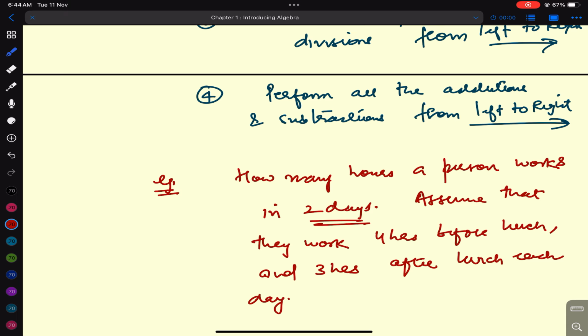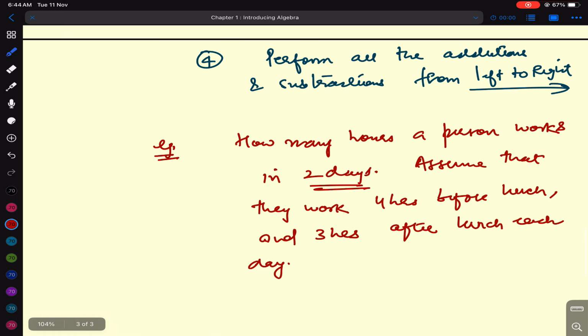So this is the problem statement that is given to us, wherein we have to figure out how many hours a person works in 2 days, correct? And what is given to us is they work 4 hours before lunch and 3 hours after lunch every day. Clear? So how do we calculate this now?